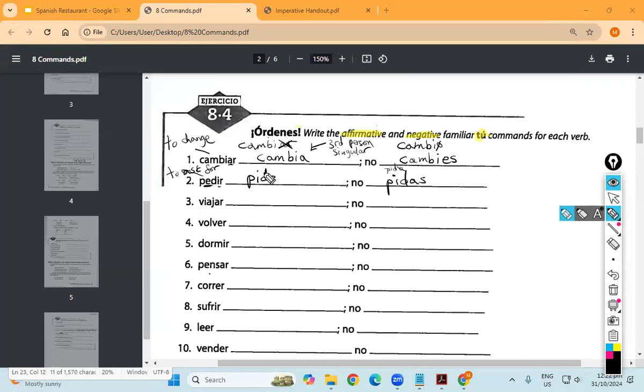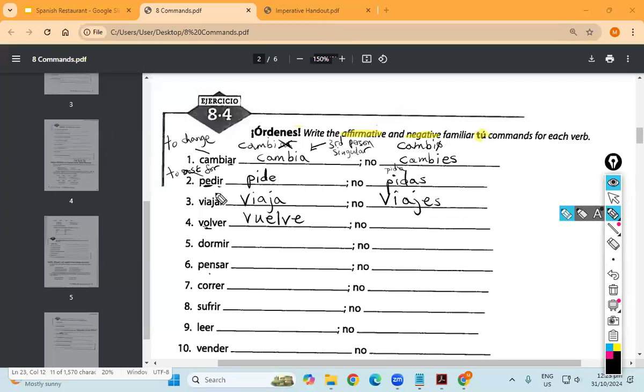All right. So viajar. You tell your friend to travel, you say viaja, right? You tell your friend not to travel, you say no viajes, right? Volver is stem changing, O to UE. So you tell your friend, vuelve, return, right?